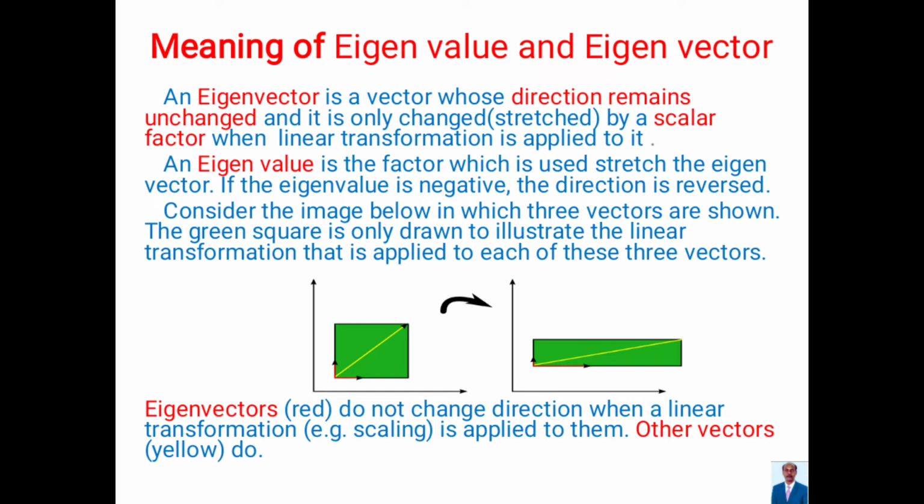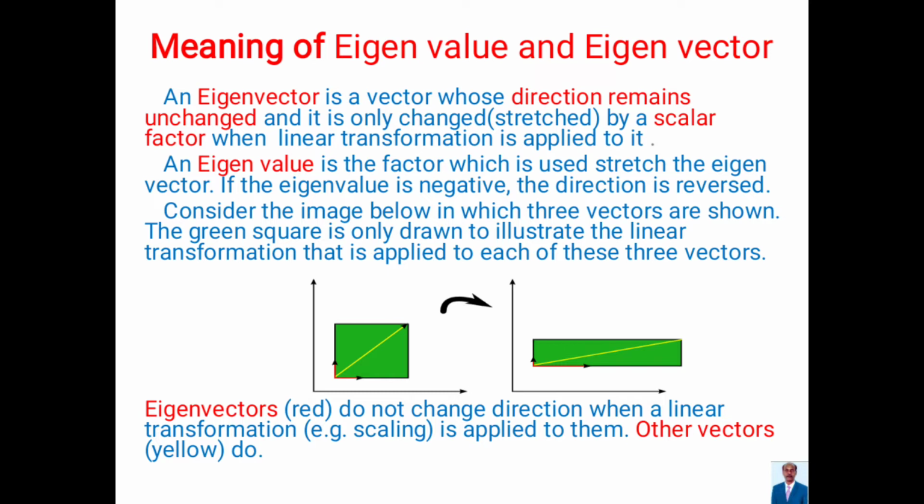Consider the image below in which three vectors are shown. The green square is only drawn to illustrate the linear transformation that is applied to each of these three vectors. So in that picture we can consider two diagrams, and in the two diagrams we have three vectors. One is a horizontal vector, another one is a vertical vector, and another vector has an angle of 45 degrees.